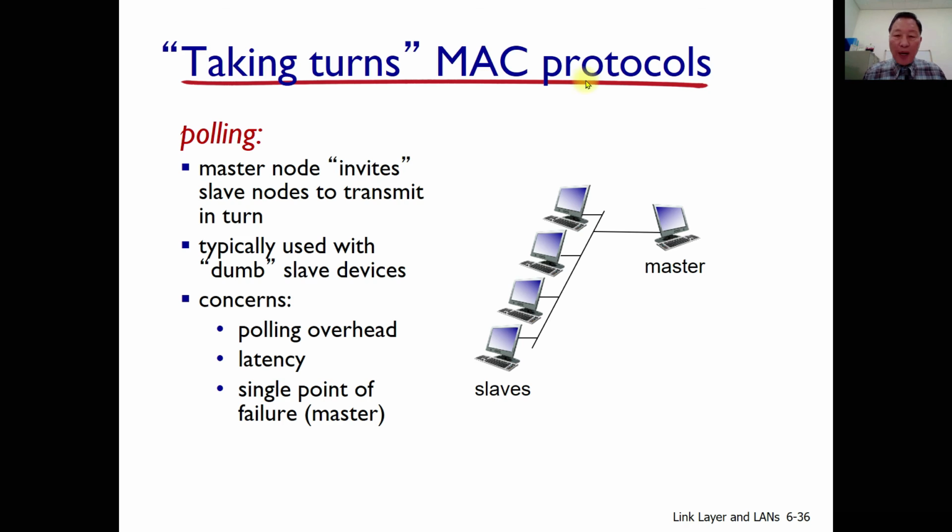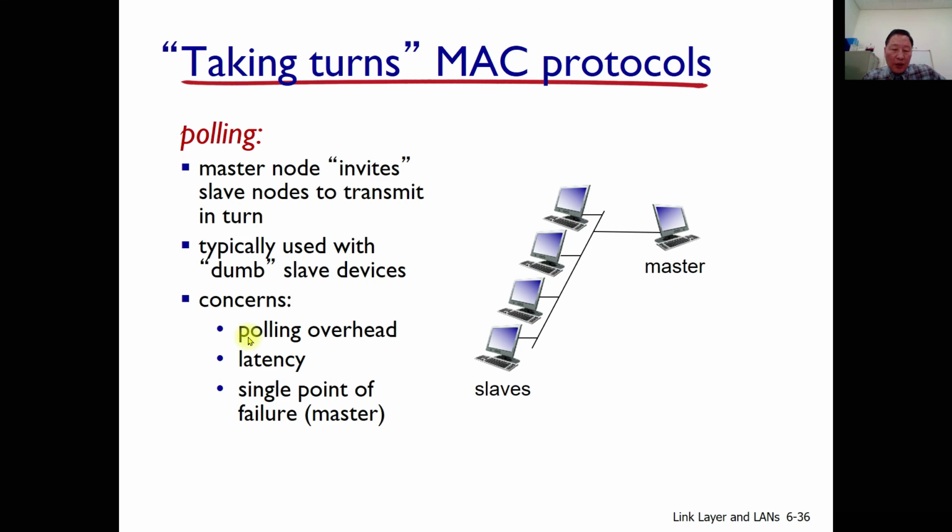Taking turns MAC protocol. Before that, this is the polling scheme, a very primitive method. The master is polling the slave nodes. The master node invites slave nodes to transmit in turn. It is typically used with dumb slave devices. This one is intelligent; the others are dumb devices.